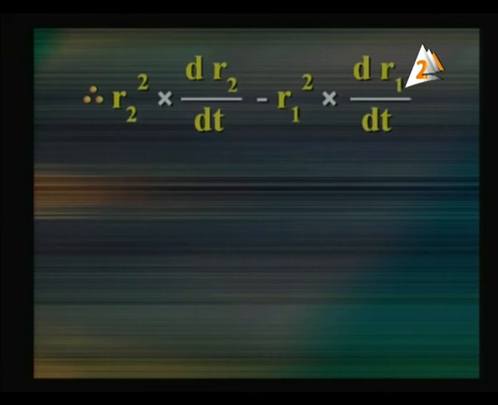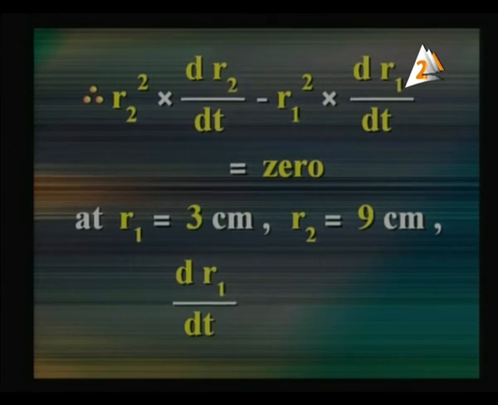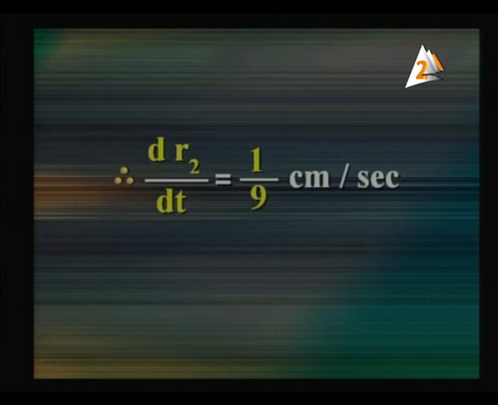By substitution, therefore, r2 squared times dr2/dt minus r1 squared times dr1/dt equals 0. At r1 equals 3, r2 equals 9, and dr1/dt equals 1 centimeter per second, we find dr2/dt equals 1 over 9 centimeter per second.